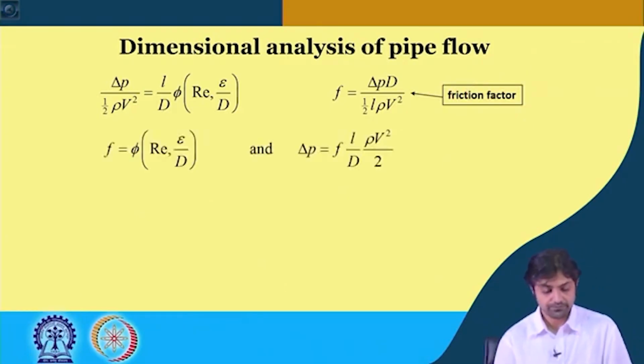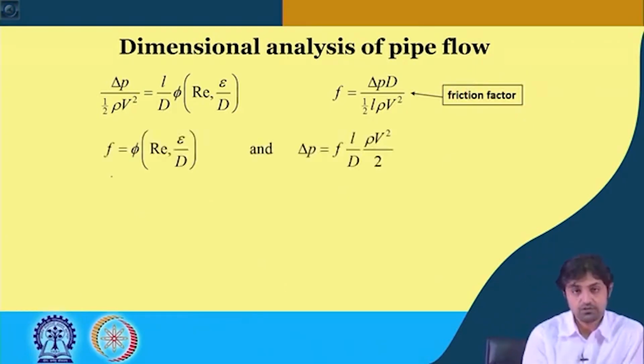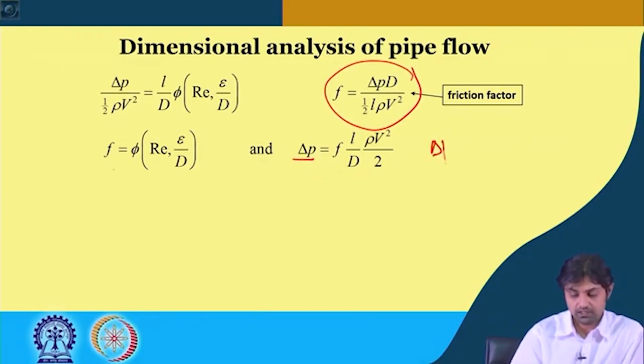All right. So as I wrote, F is equal to a function of Reynolds number and epsilon by D, and if we are able to find this F, we can easily calculate delta P. If you use this equation again, we can write delta P is equal to F into L by D into rho V square by 2.